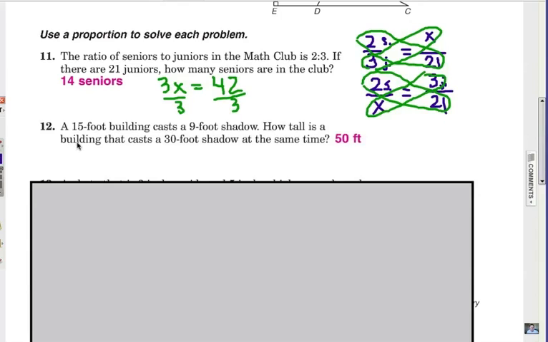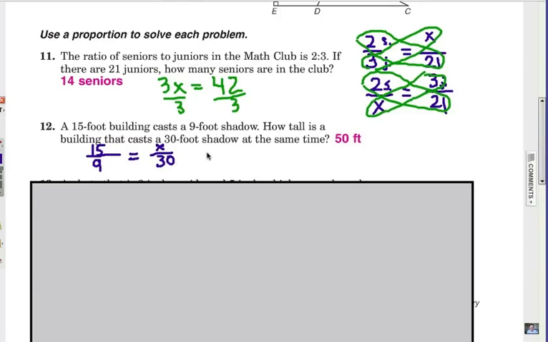A 9-foot building casts a 9-foot shadow. Well, if I put it in that order, the 15 on the top number represents the height of the building, and the bottom number represents the shadow. So building over shadow. How tall is a building that casts a 30-foot shadow? That means that X would go over here and 30 would be on the bottom, because again, the shadow number is the denominator here.